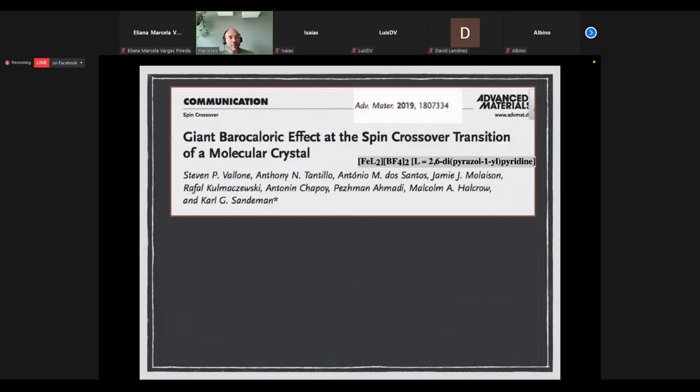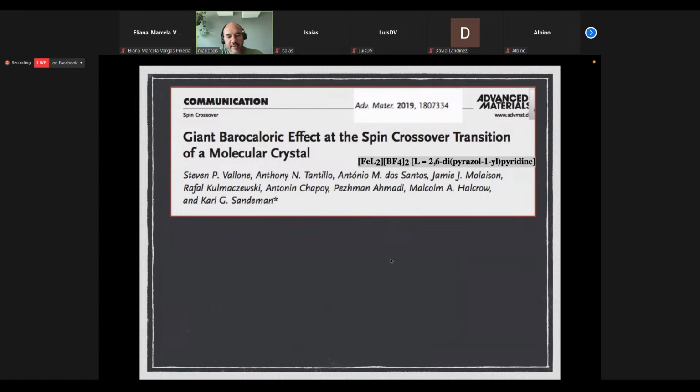Here is an example of work. Researchers from the State University of Rio de Janeiro are doing a very good job on the barocaloric effects on these materials. I'm also presenting ongoing work that we are doing. This one I'm presenting is a published work.